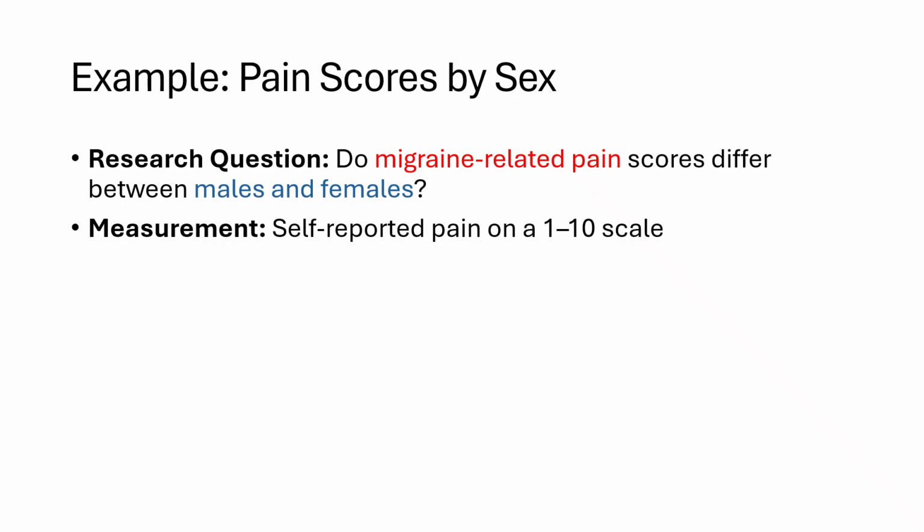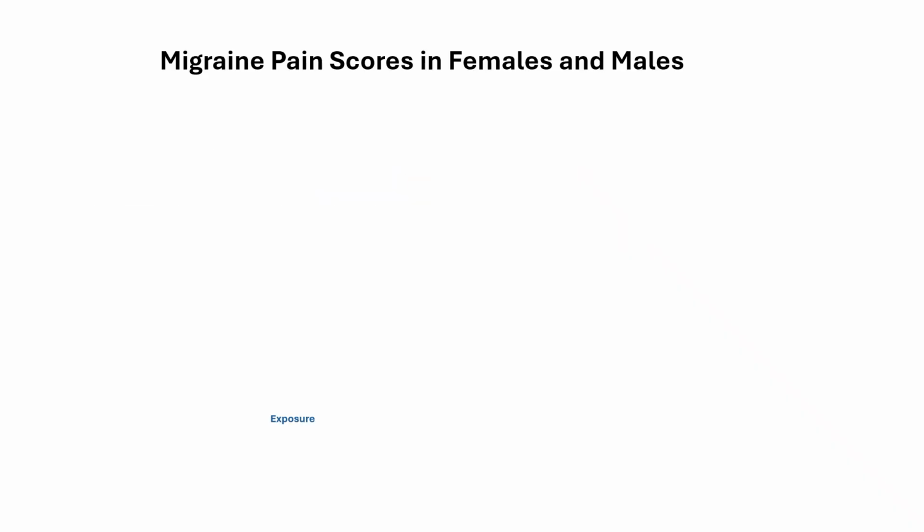These are still two groups, males and females, but this calculation can be extended to 3 groups, 4 groups, or 5 groups. We'll use two groups because it is easier to understand the underlying calculations. So in this example, our exposure of interest would be males and females, and our outcome of interest is the pain scores.